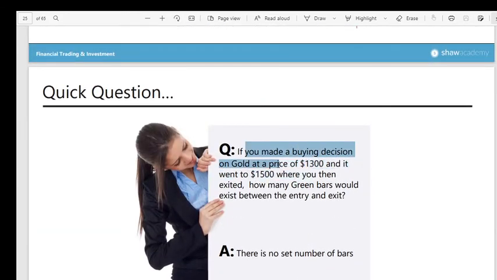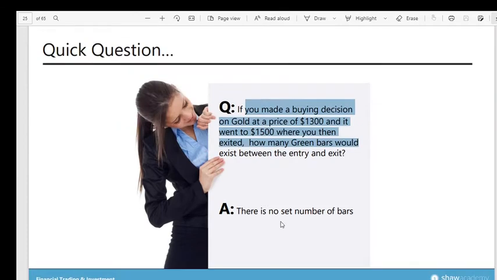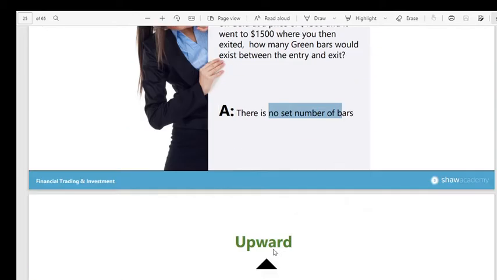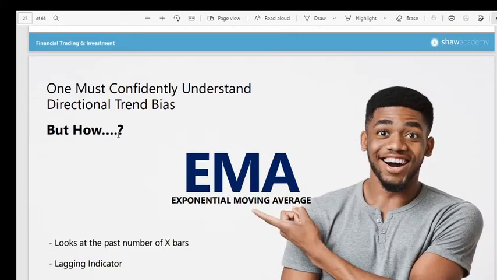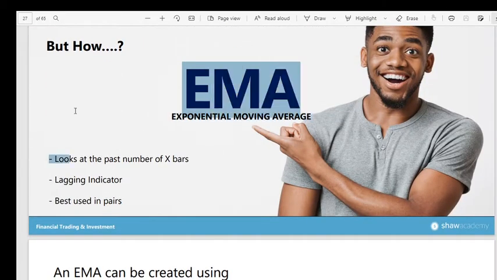So if you make a buying decision on gold at a price of 1300 and it went to 1500, where you will exit it, how many green bars would exist between the entry and the exit? There is no set number of bars. Which way is the market going, upward, downward, sideways, especially using a moving average? Look at the past number of X bars.